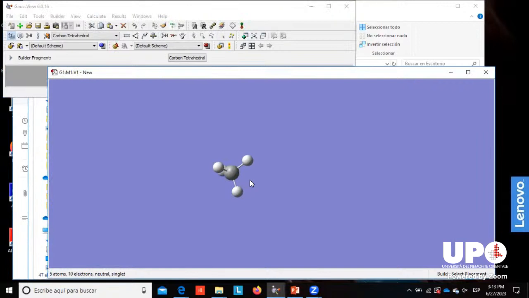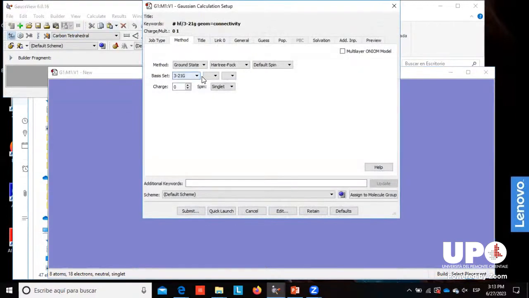Okay, so we have methane. And if we click again on a hydrogen, we already have ethane in an alternate conformation, you see, right? So this should be a reasonable model to start with. So we will again start by optimizing and running the frequency so that we get the optimized geometry. Should be quick, I think.